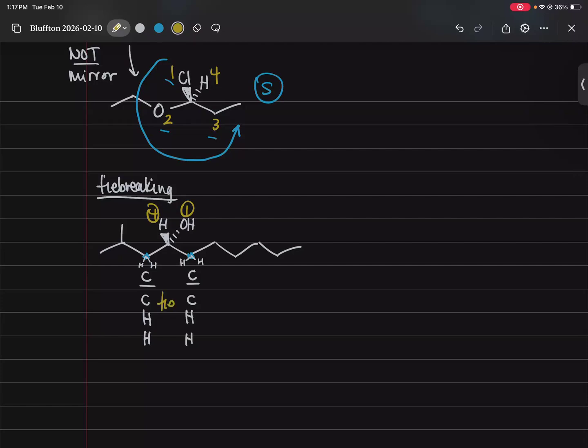Okay, that is still a tie. Same atoms, both with two hydrogens, and so this does not help us to resolve the answer.